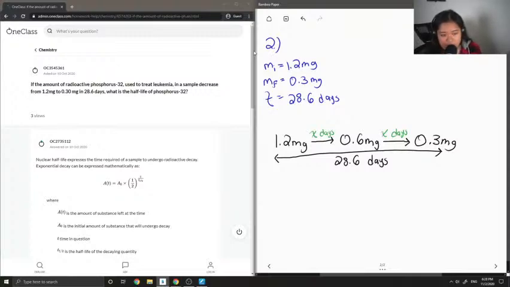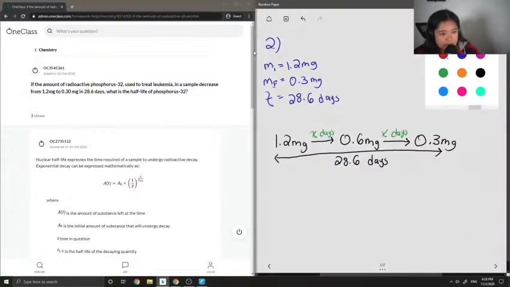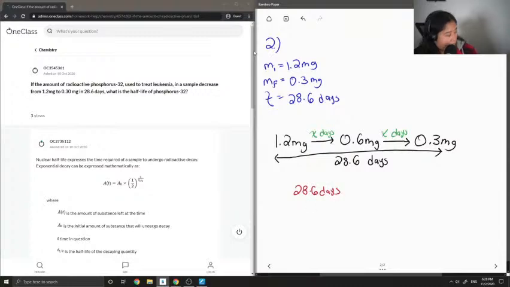And it should be the same amount of days that it took to get to 0.3 milligrams. So all I'm gonna do is do 28.6 days, and then I'm gonna divide that by 2, since I know that this process happens twice.